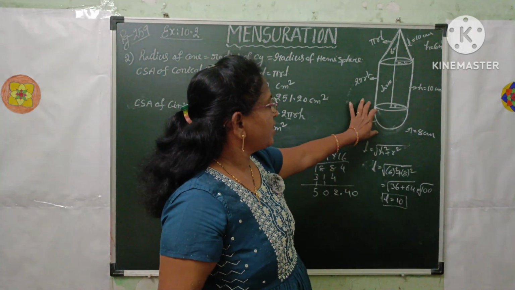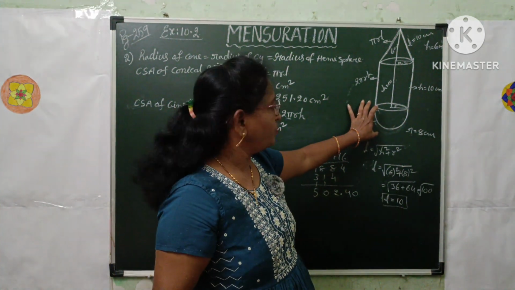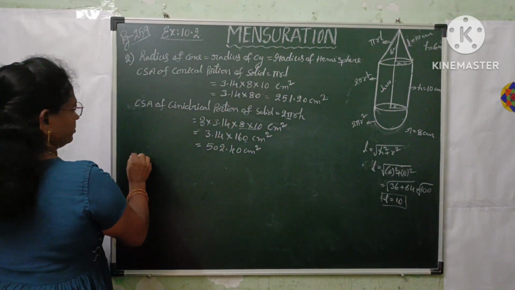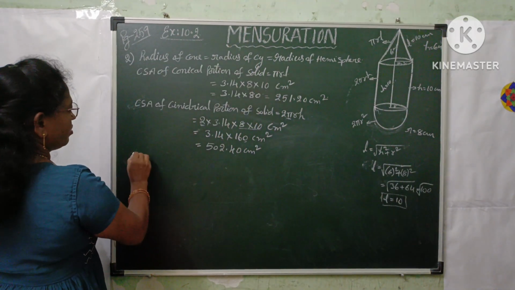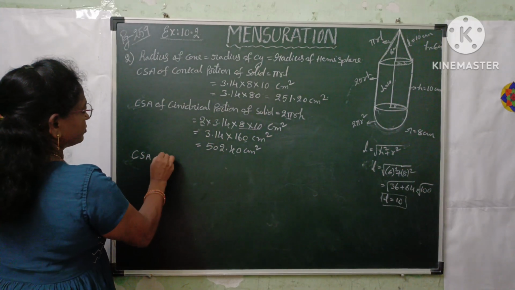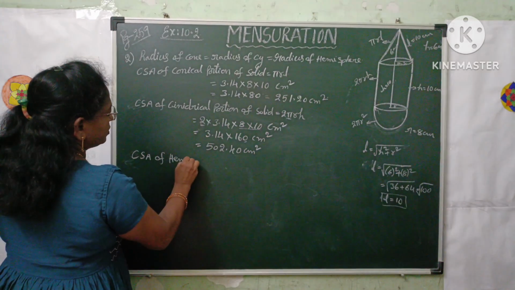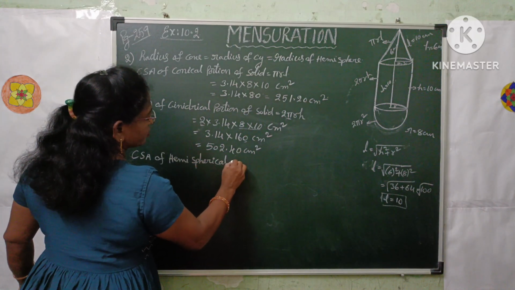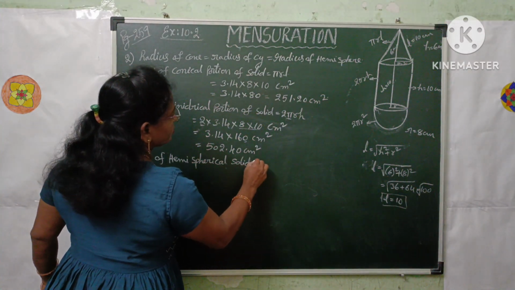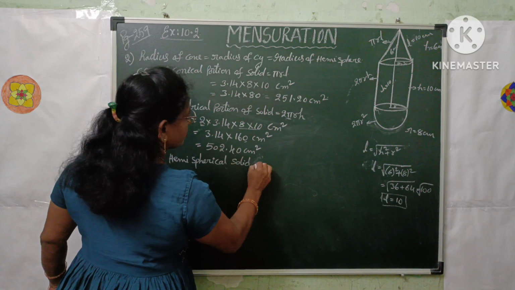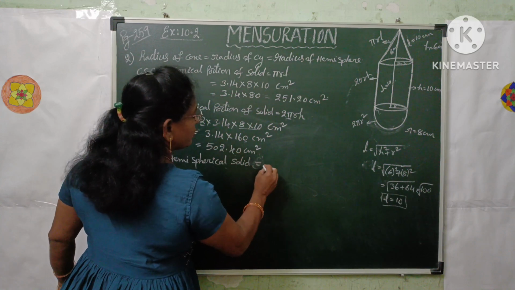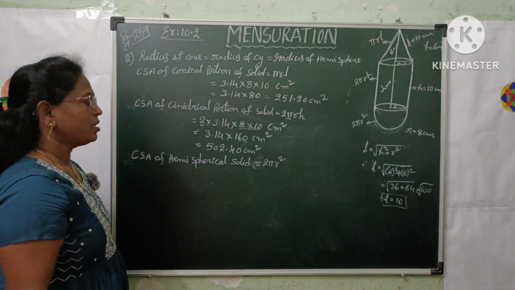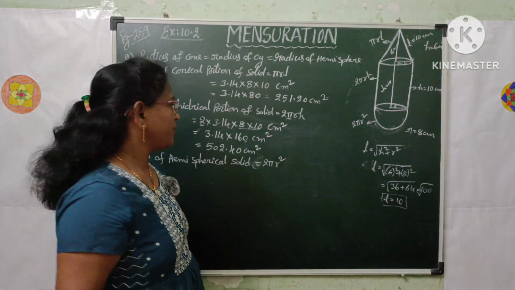Next one, surface area of the hemispherical object. Next, CSA of the hemispherical solid object equal to, hemisphere is 2 pi r square. Okay, that is the CSA of the hemisphere.